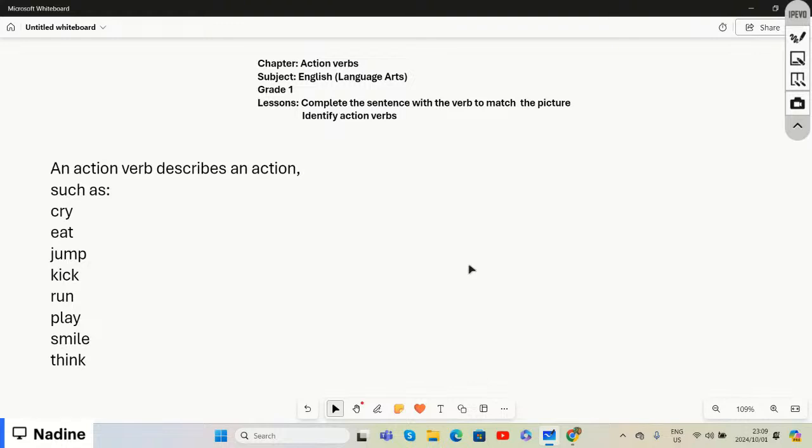Because it tells us the action, something that you're doing. To jump, to kick a ball, to throw a ball, to catch a ball, to run and to play, even to smile or cry is an action verb.